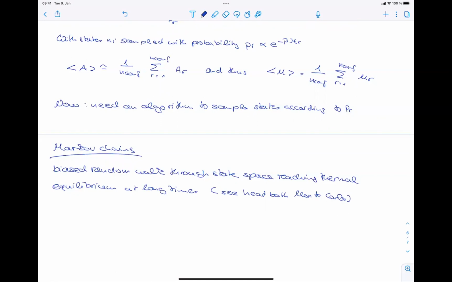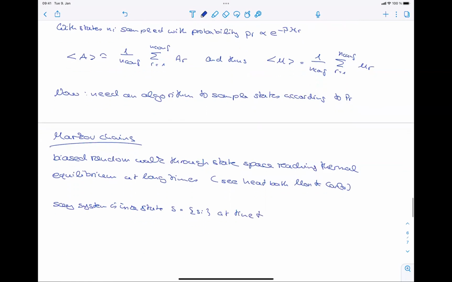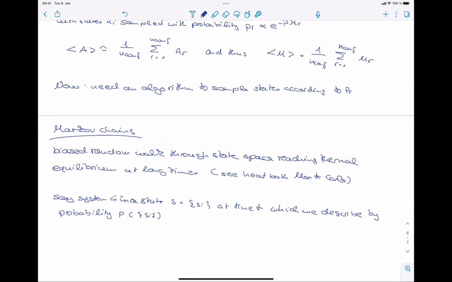Say we start, the system is in a state S, which is given by the spin configurations at a time t, and which we describe by a probability P. So there's a certain probability to be in this state at a given time t.